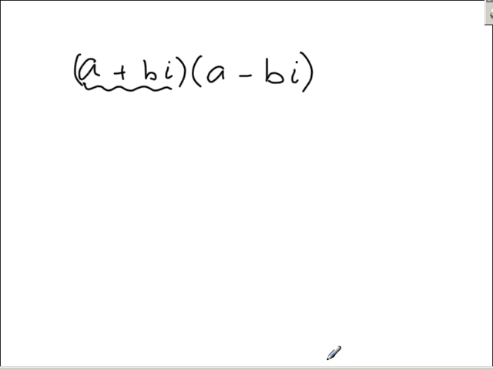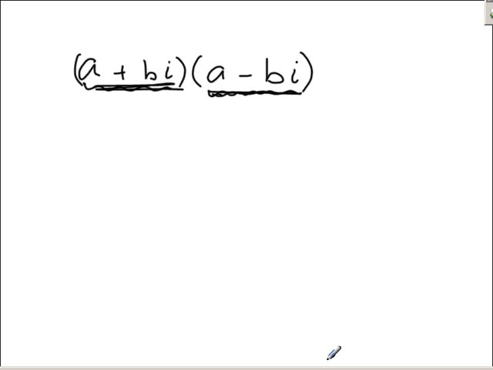Notice that a complex number is in the form a plus b times i. If you take that complex number and multiply by what's called its complex conjugate, the complex conjugate of this number is that number. Notice only a sign change in the middle. The complex conjugate of this number is that number.